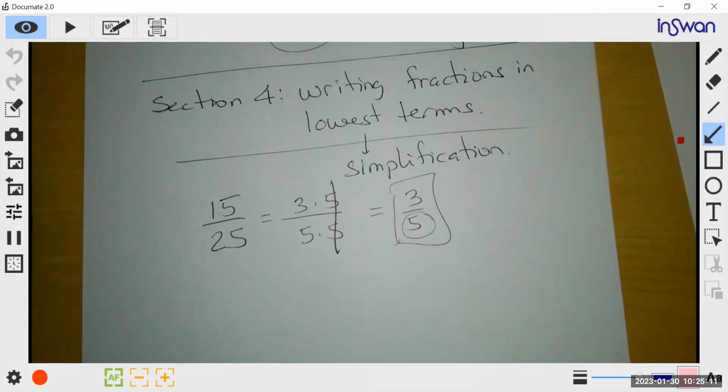So once you factorize everything and cancel whatever you can, whatever you're left with is your final answer. That's all this section does, is write your answer in the simplest form.